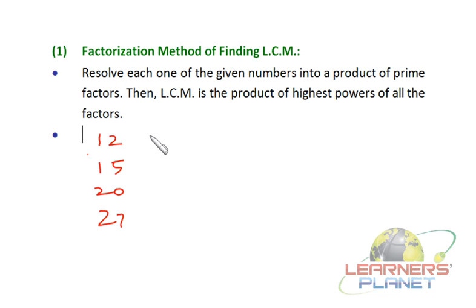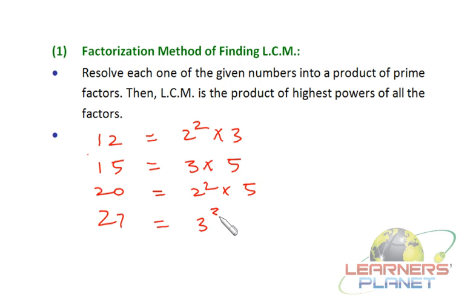Now 12 can be written as 4 into 3, that is 2 square into 3. 15 can be written as 3 into 5. 20 can be written as 4 into 5, that is 2 square into 5, and 27 can be written as 3 cube. Now we have to choose the highest power of each prime number. The highest power of 2 is 2 square. So LCM is 2 square into the highest power of 3, which is 3 cube, then the highest power of 5, which is 5 only.